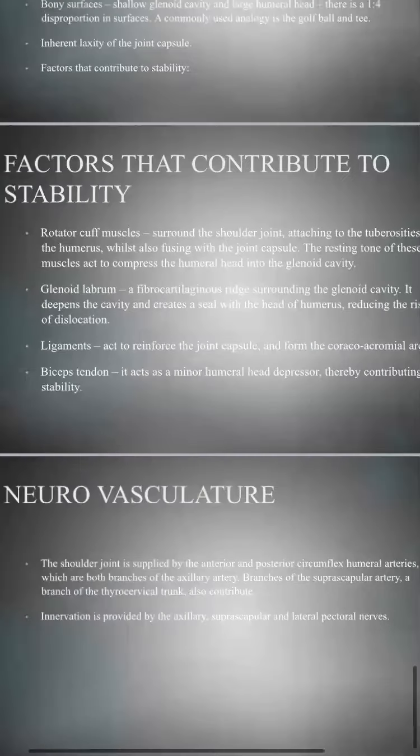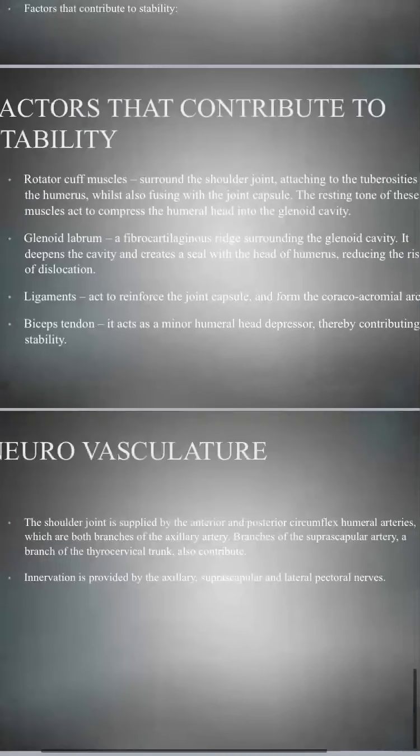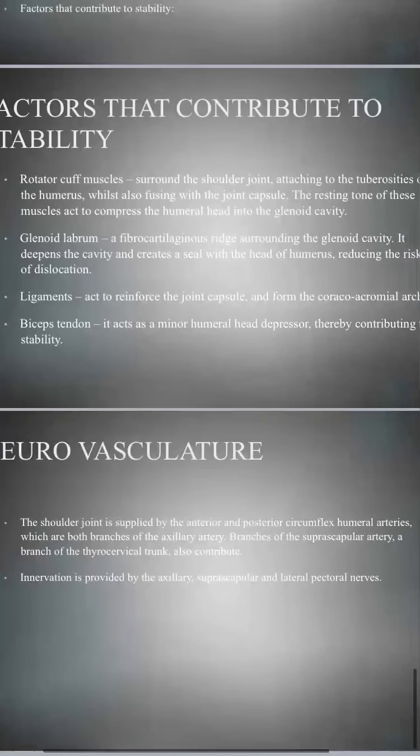And neurovasculature. Vasculature, the blood supply to the shoulder joint. They are the branches of the axillary artery and also branches of the suprascapular artery.